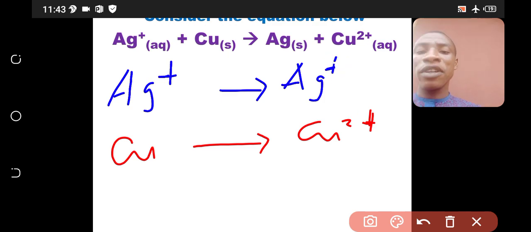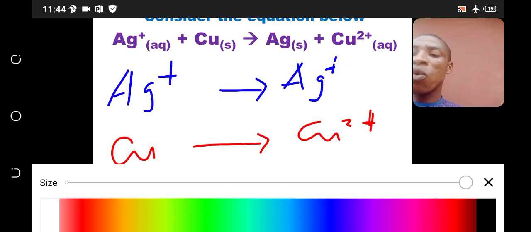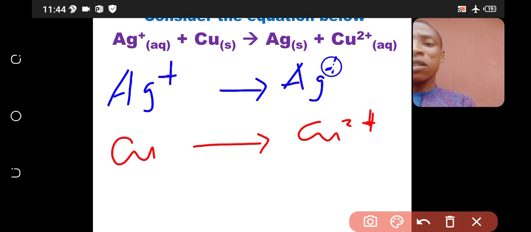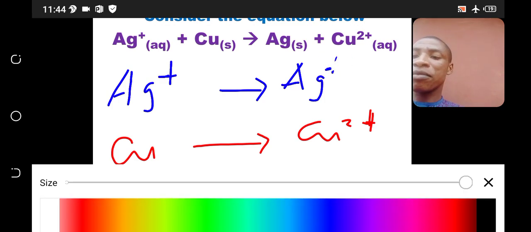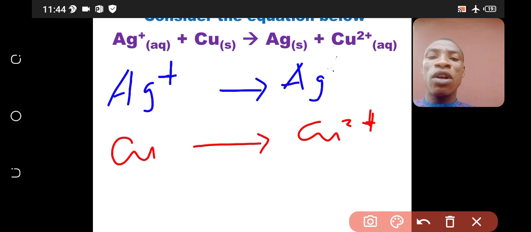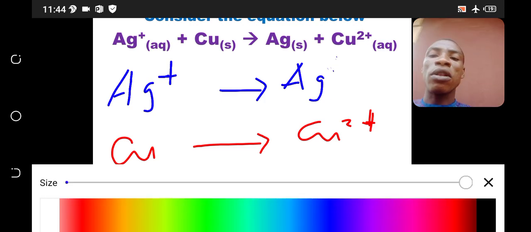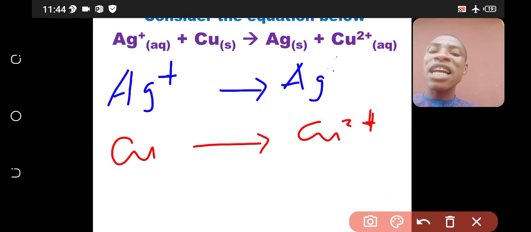So we are going to have equation 1, which will be Ag+ going to ordinary Ag. Okay, good. So you know the rule: balance atoms first, then balance charges.